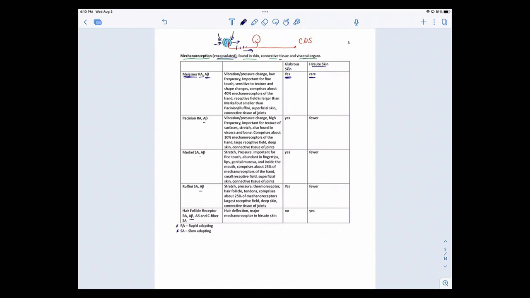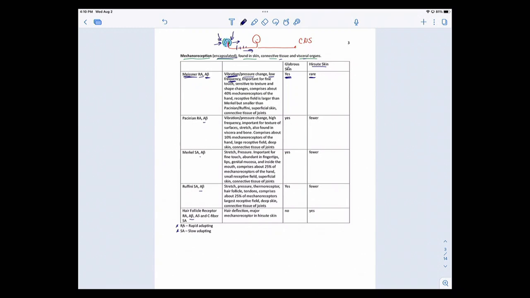So what do these Meissner corpuscles do? What are they good at? Well, they're really good at picking up on vibrations, and they're tuned to be really efficient if the vibration is at a low frequency. And if it's sensitive to vibration, then by definition it has to be sensitive to pressure change, because that's what vibration is. So again, it can sense pressure.